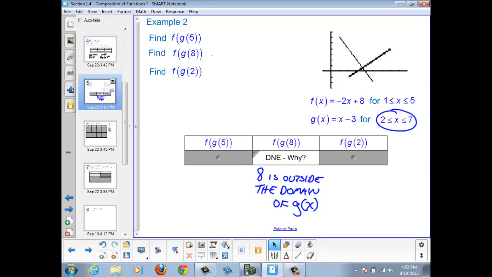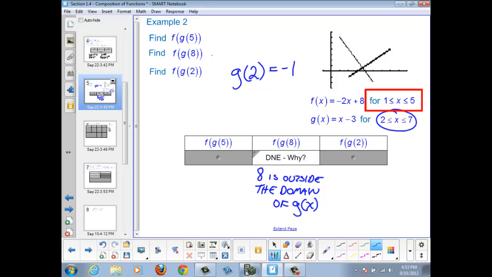So when we plug 2 in, we get g of 2 is equal to negative 1. Now this value is what we are plugging into f of x. But if we check the domain restrictions for f of x, we see that negative 1 is not between 1 and 5. So again, f of g of 2 does not exist.